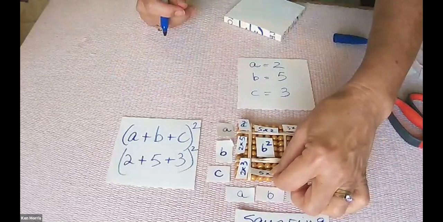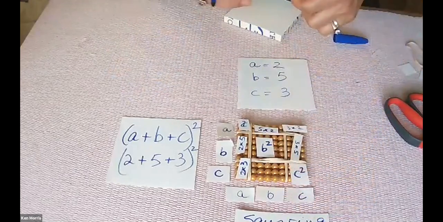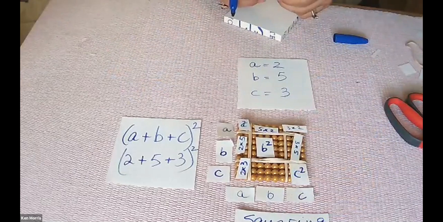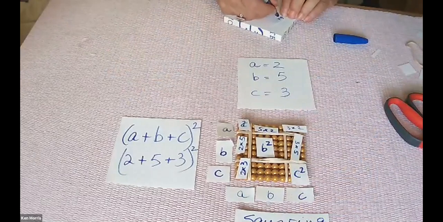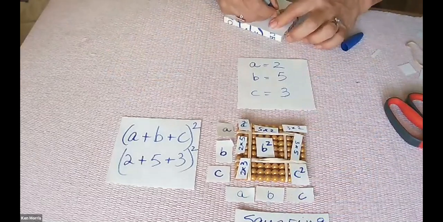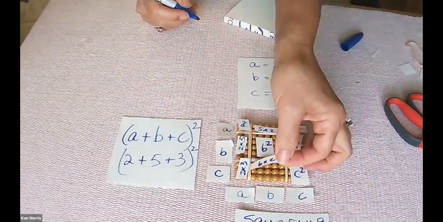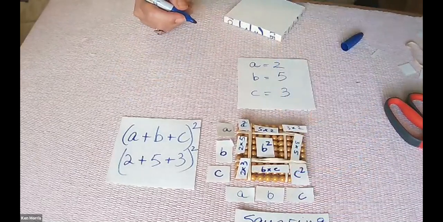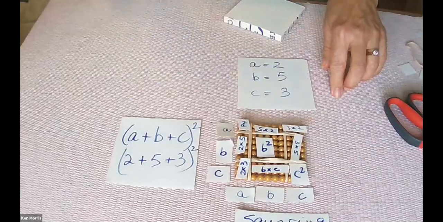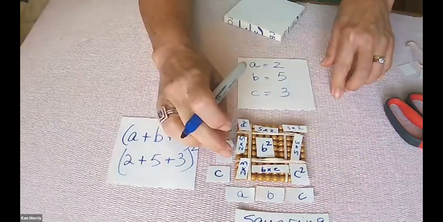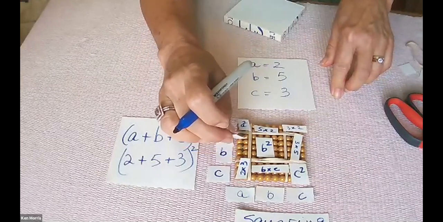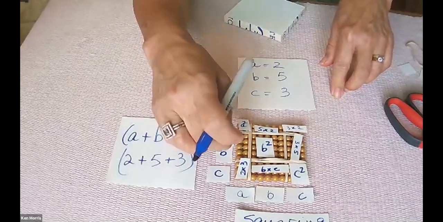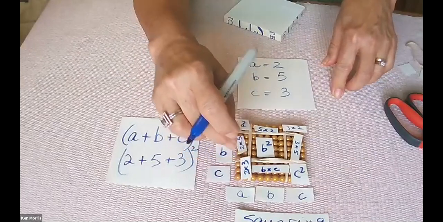All right, I'm going to take my 5 times 3 rectangle, and I'm going to write b times c. And I'm going to take my similar rectangle of 3 times 5. Sorry, I want 3 times 5.